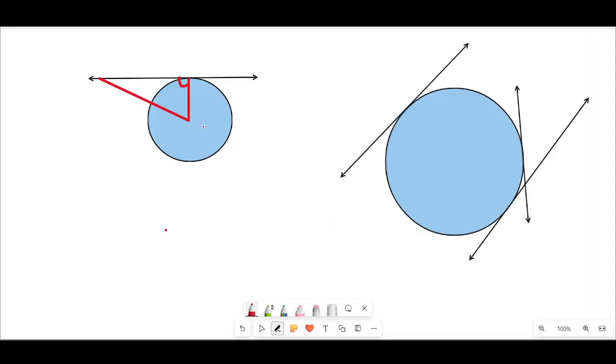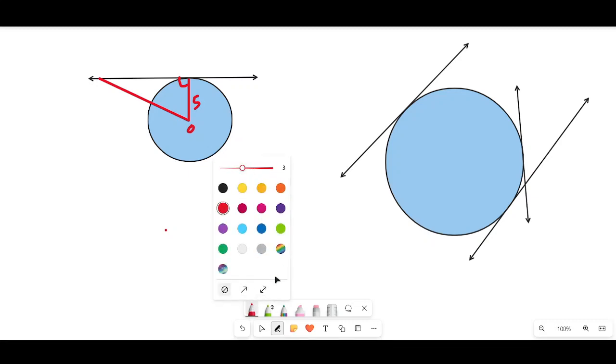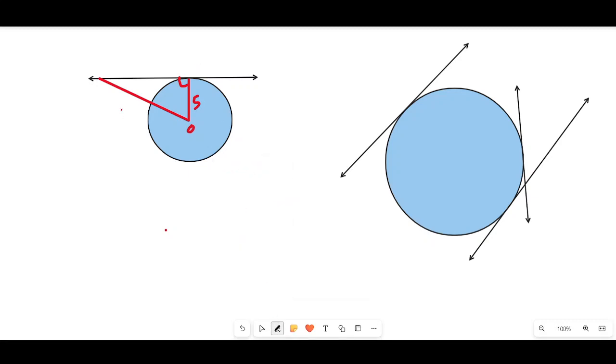So this is the center O and here 5 is given, and this is 12. Clear? This is point P, this is point Q, and we find the value of PQ. This is a right angle triangle.